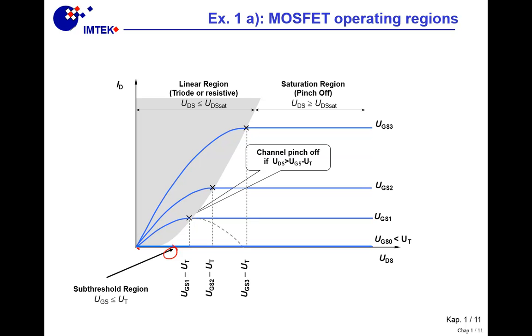But we know that there is a sub-threshold region there. We know that after the current starts to saturate, we have these points here. And of course, this is called pinch off. Pinch off is exactly the point, whereas if you go to this side of the pinch off, you're in linear, and if you go to this side of the pinch off, then you're in saturation. All right?